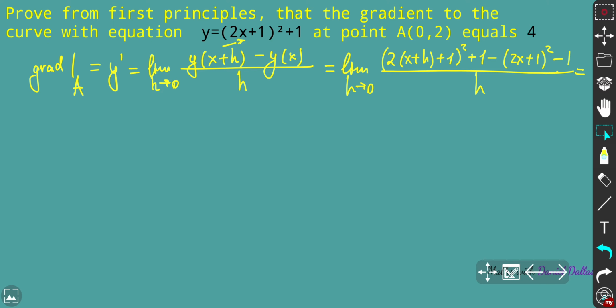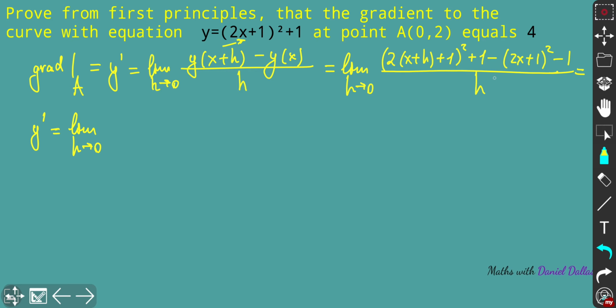We just simply need to do the following. We need to rewrite y dash is equal to the limit as h is very small, and right now the 1 is cancelled, and I'm again going to use the formula for the difference of two squares. So I'm writing (2(x plus h) plus 1), and I take away 2x and I take away 1, because those ones were cancelled.